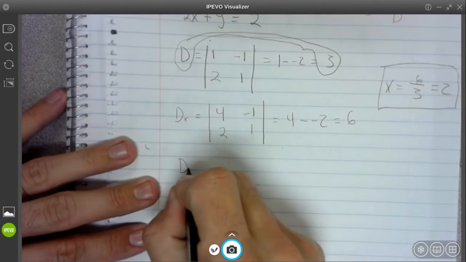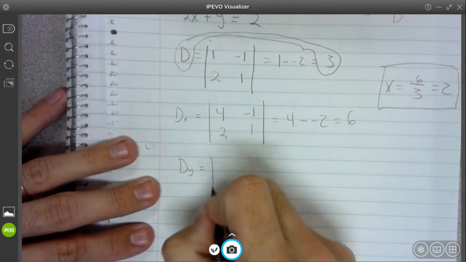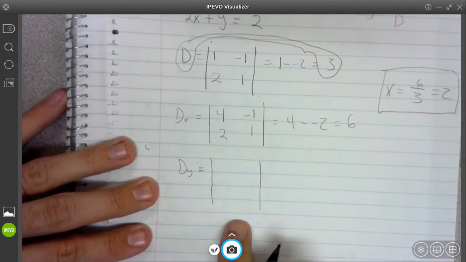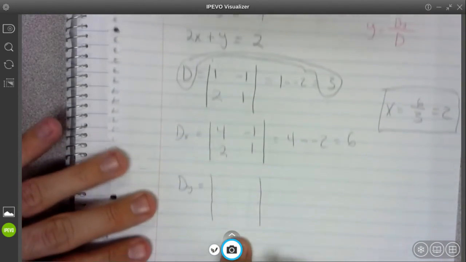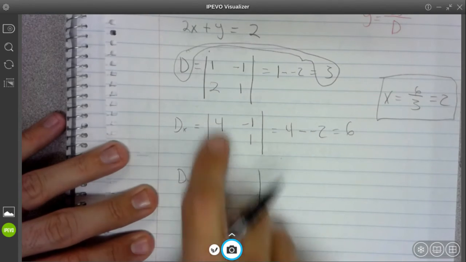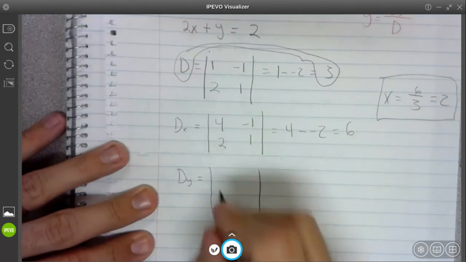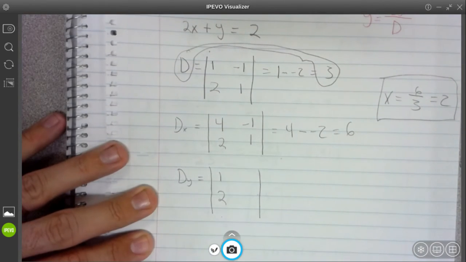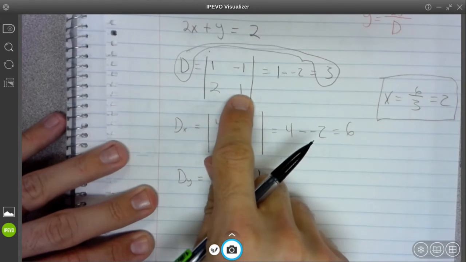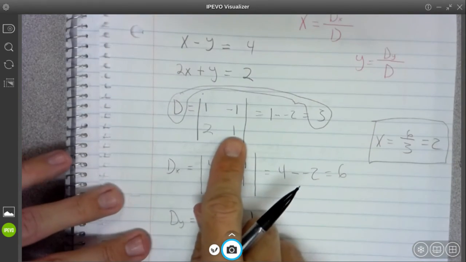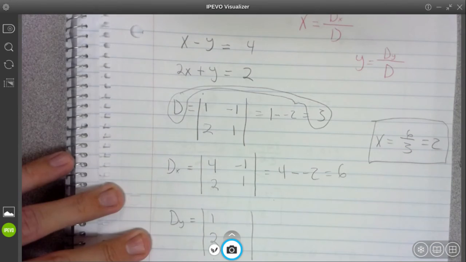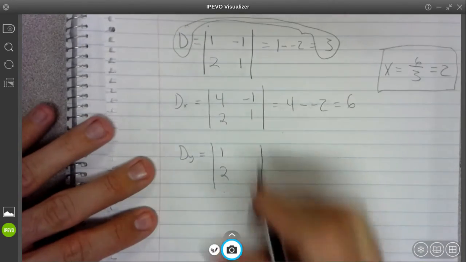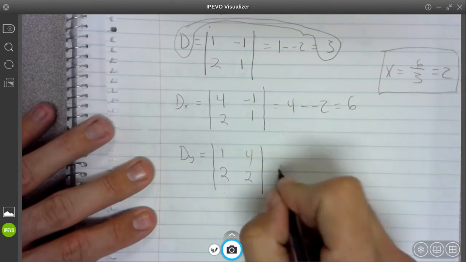For Dy, of course you can do some of this in your head once you get familiar with it. Dy, you're going to keep the x columns the same, 1 and 2, but you're going to replace these y values with the right side of the equation, 4 and 2.